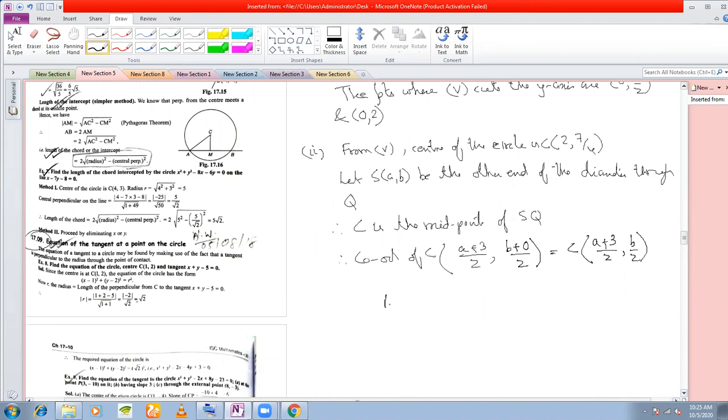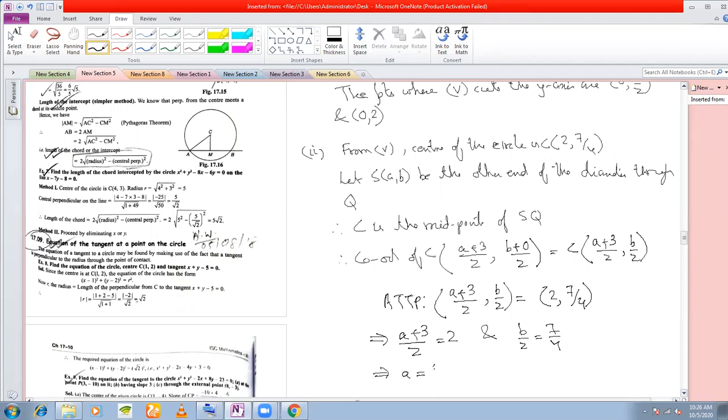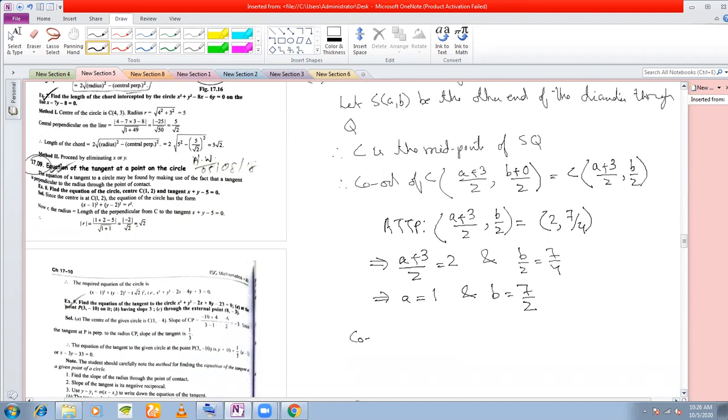According to this problem, A plus 3 by 2 comma B by 2 must be equal to 2 comma 7 by 4. So from this we can get the value of A and B. A plus 3 by 2 must be equal to 2 and B by 2 must be equal to 7 by 4. So you get A is equal to 4 minus 3, 1, and you get B is equal to 7 by 2.